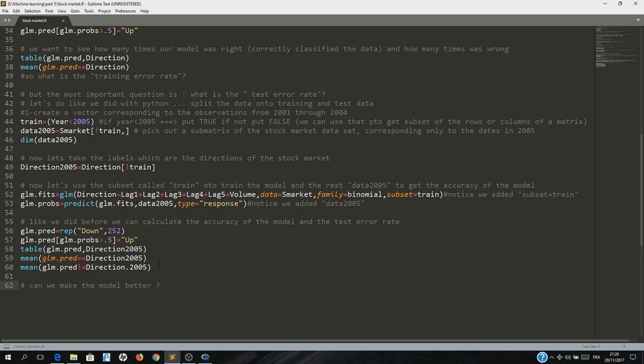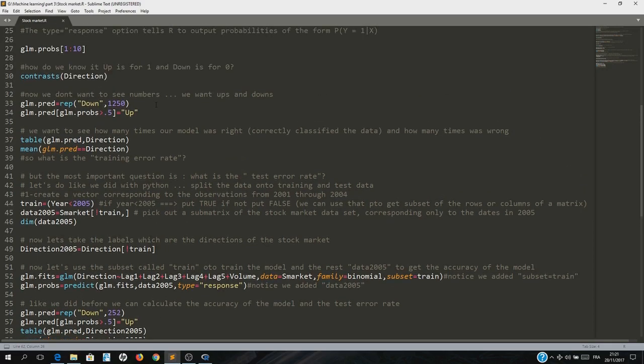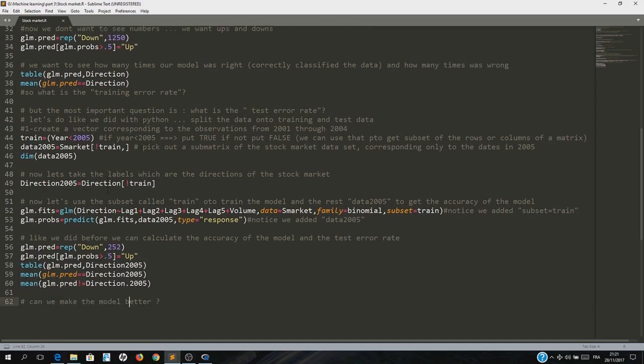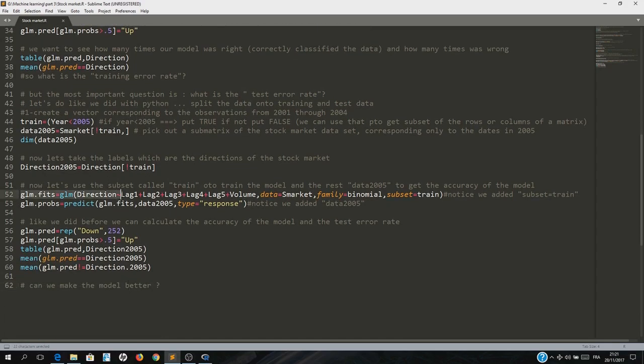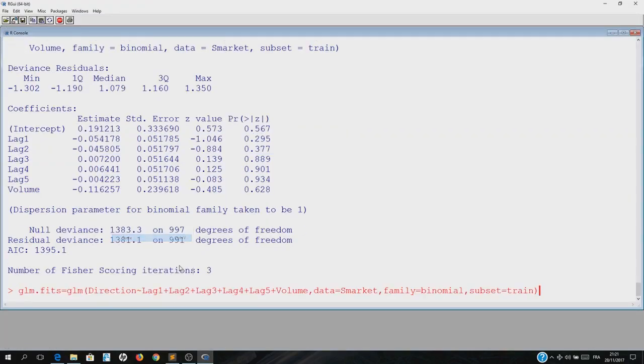Let's just fit this data. Let me show you. We just use yesterday and the day before it, and that's what we want.